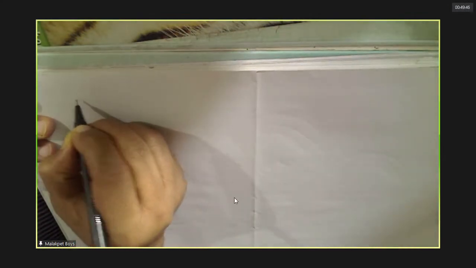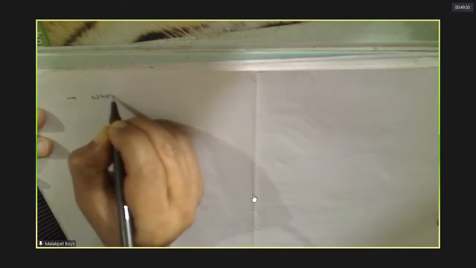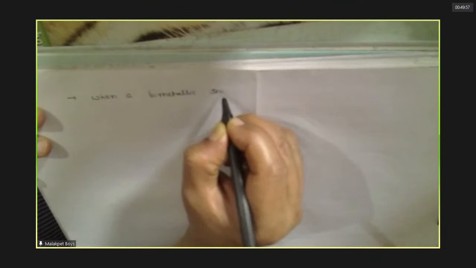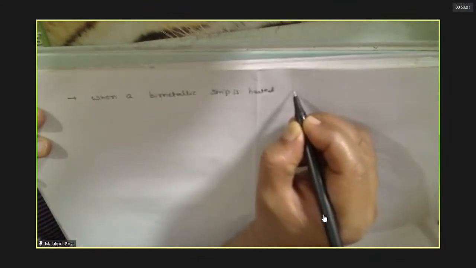So now, when a bimetallic strip is heated, what happens? It bends.